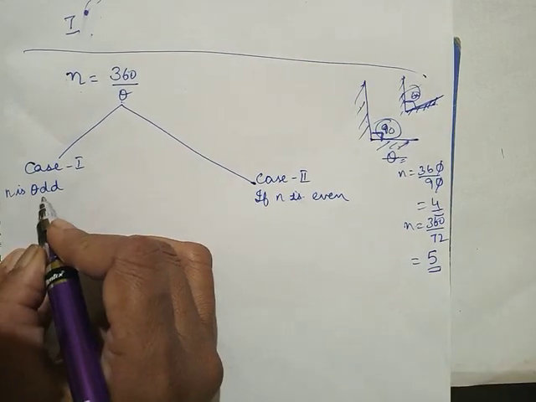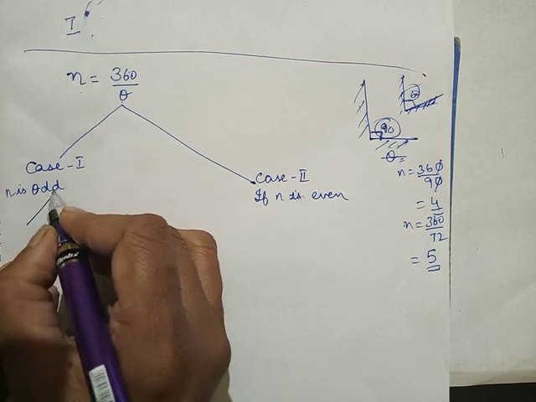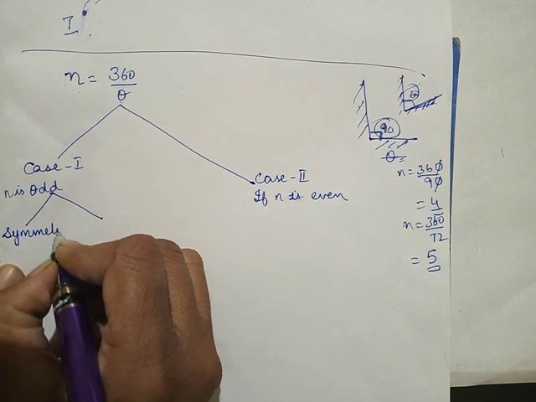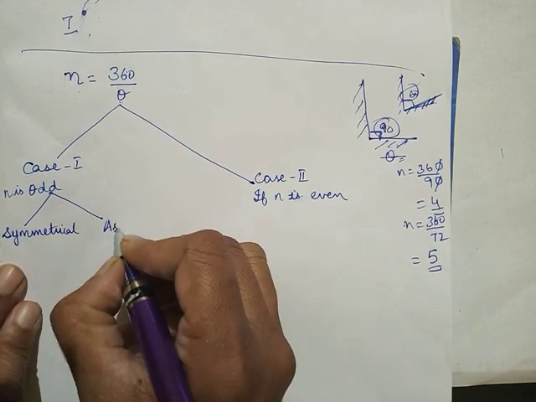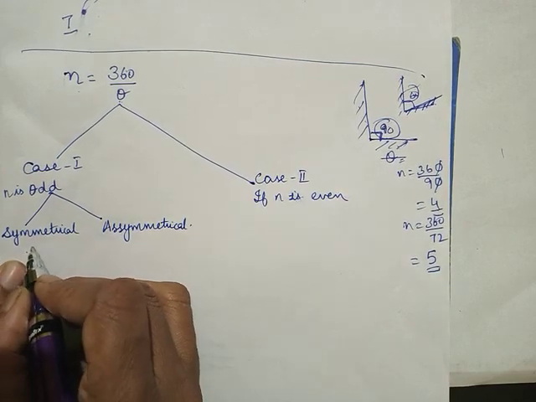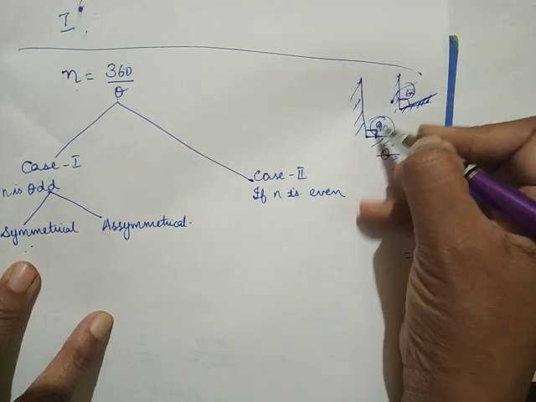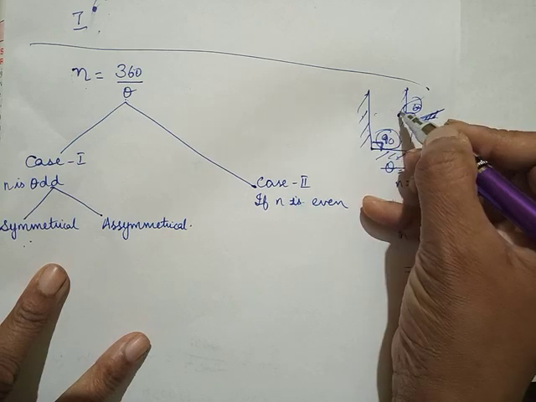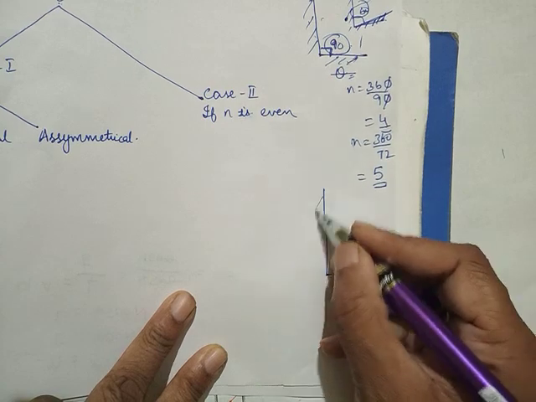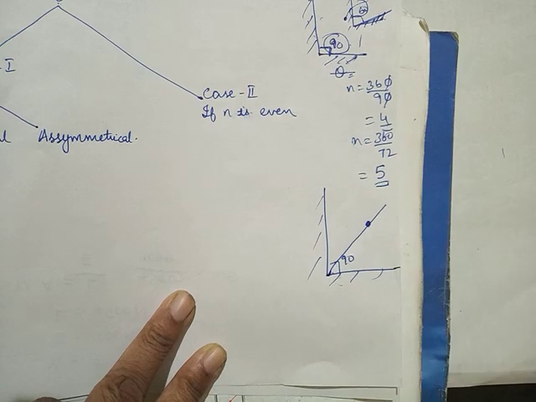Now if n is odd, then again you have two cases: the object is kept symmetrical or asymmetrical. You understand what is symmetrical and asymmetrical? Symmetrical means the object is kept exactly in between the two mirrors. If two mirrors are kept at 90 degrees, and I draw an angle bisector here, and the object is somewhere on it, that's called symmetrical.